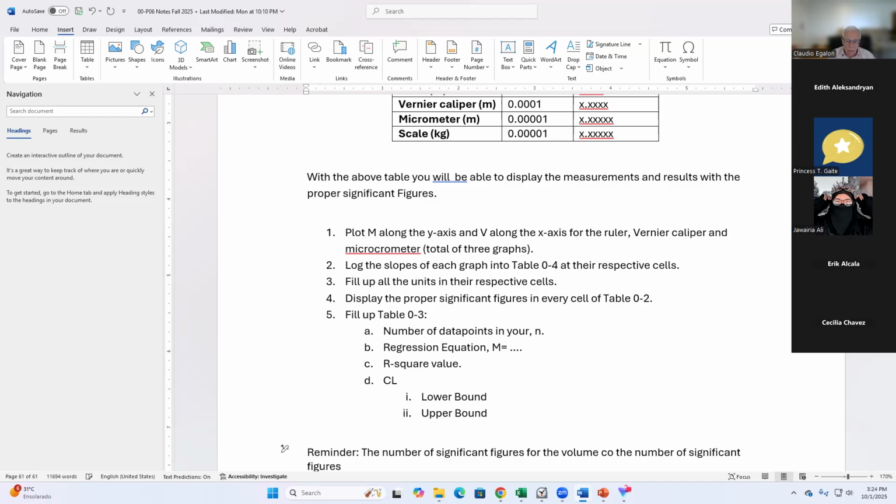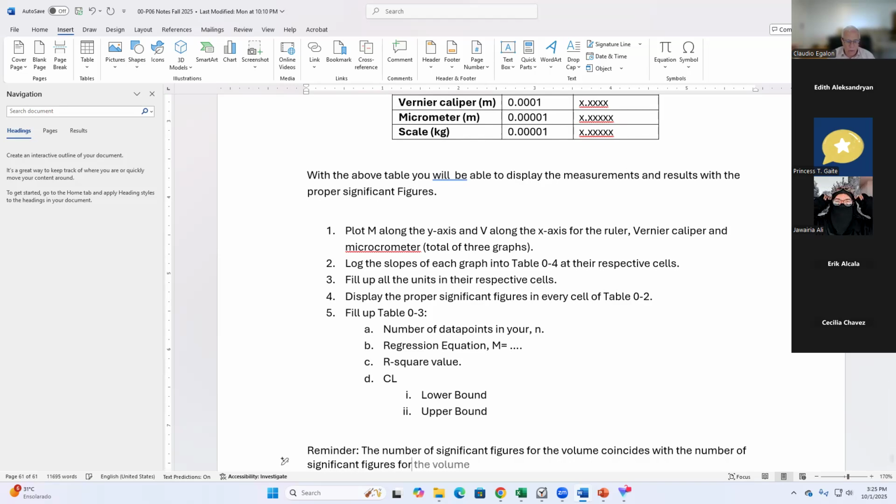Here you go. It coincides with the number of significant figures for the diameter, for the measured diameter.